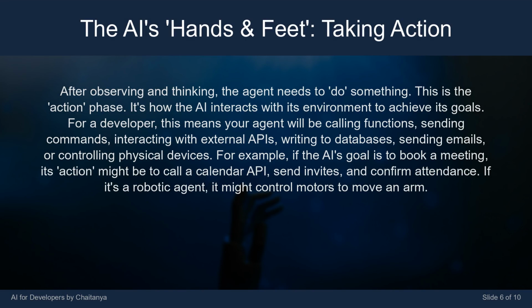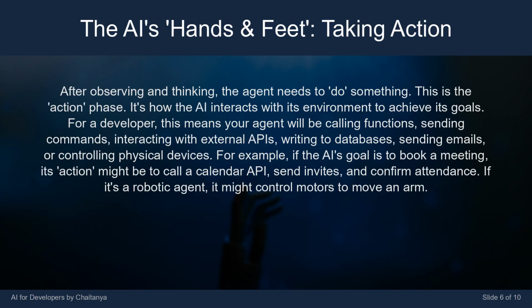After observing and thinking, the agent needs to do something. This is the action phase. It's how the AI interacts with its environment to achieve its goals. For a developer, this means your agent will be calling functions, sending commands, interacting with external APIs, writing to databases, sending emails, or controlling physical devices.